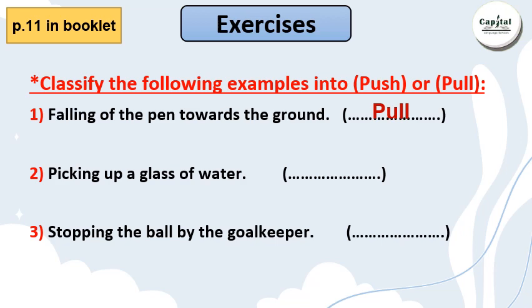And now, picking up a glass of water towards you or away from you. Very good, towards you. So this is push or pull? Excellent, pull, super. And now, number 3. Who can answer 3? Stopping the ball by the goalkeeper.